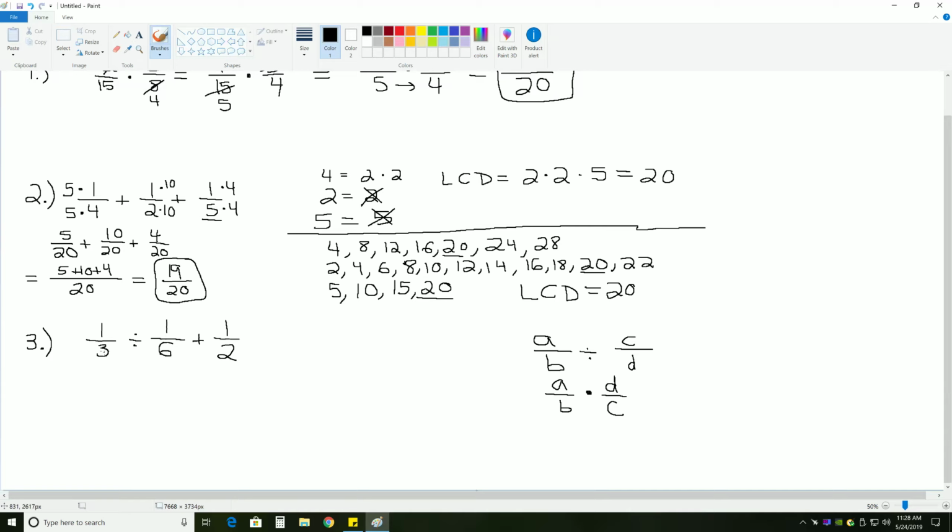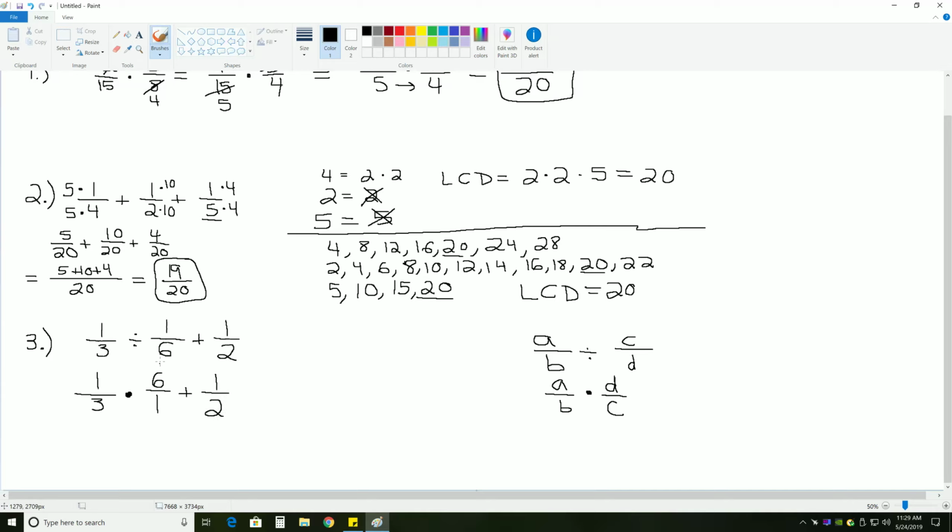So keeping that in mind, 1/3 divided by 1/6 is the same thing as 1/3, we copy, then we dot, meaning we multiply, and then we flip, which gives us 6 over 1, plus 1/2.